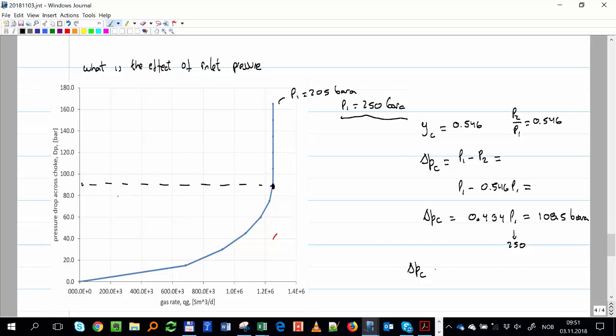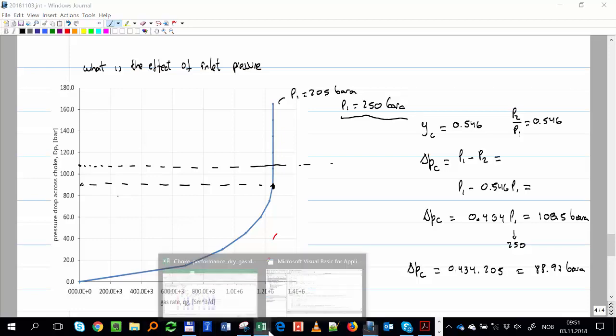It is 89.7 bar, which is exactly close to 90 here. And then for P 250, it should be 108, which should be close to here. So we know the critical point is there, but we don't know if it will be to the right or to the left.